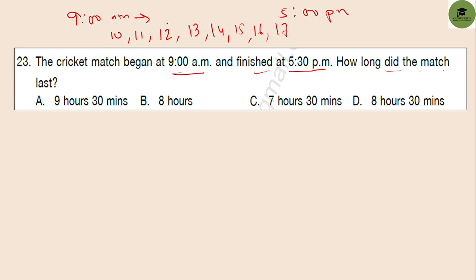So 9 a.m. to 5 p.m. is 8 hours. And it is 30 minutes additional. So it is 8 hours, 30 minutes. So option D is your correct answer.